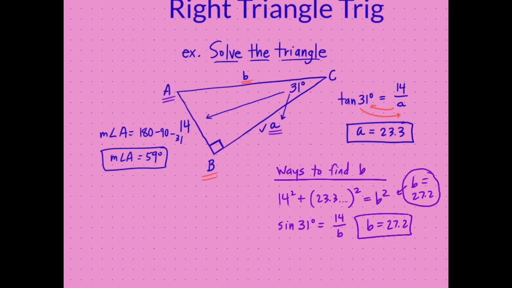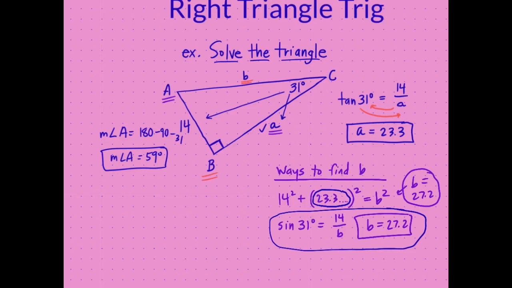I just want to show you that you have options. Now I'm going to make a suggestion. I would suggest that this option is better for this reason. I used in this option only numbers that were given in the question, so the 14 and the 31, right, to get my 27.2. I got the correct answer here with the Pythagorean theorem, but I had to use this 23.3. Now, because that 23.3 was correct, I got the right answer.